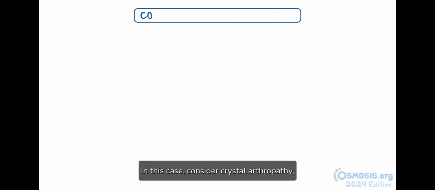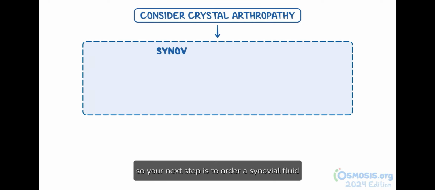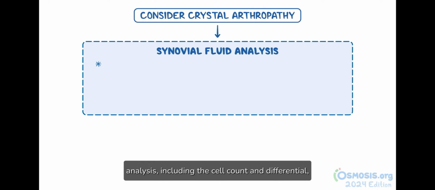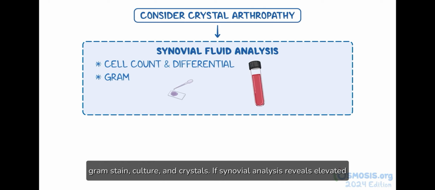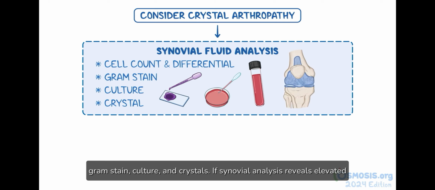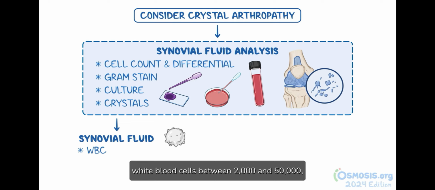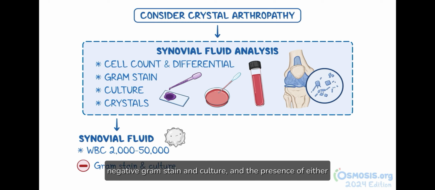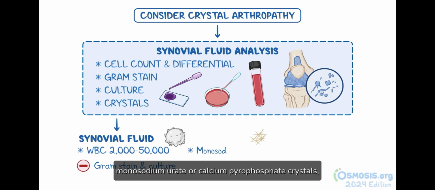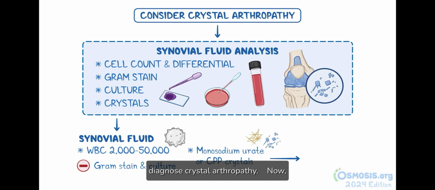In this case, consider crystal arthropathy, so your next step is to order a synovial fluid analysis, including the cell count and differential, gram stain, culture, and crystals. If synovial analysis reveals elevated white blood cells between 2,000 and 50,000, negative gram stain and culture, and the presence of either monosodium urate or calcium pyrophosphate crystals, diagnose crystal arthropathy.